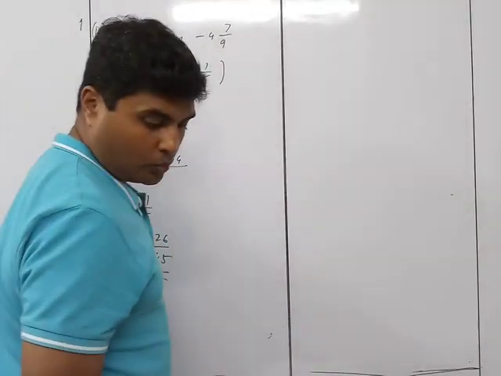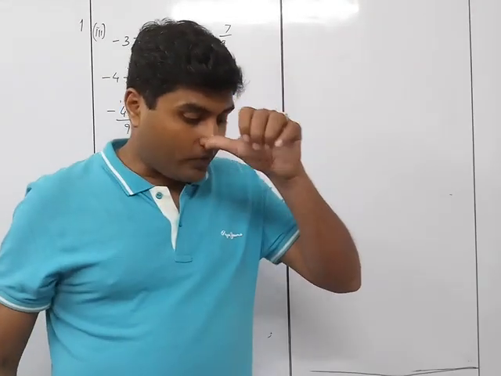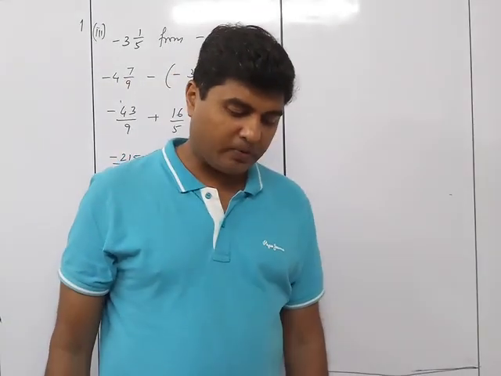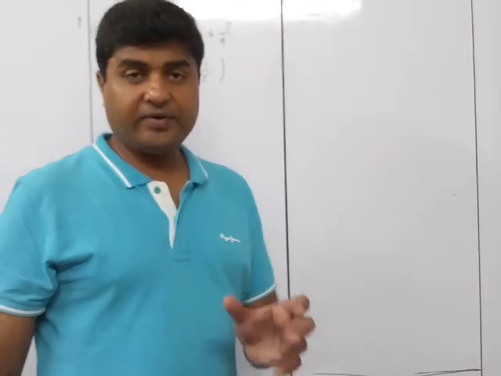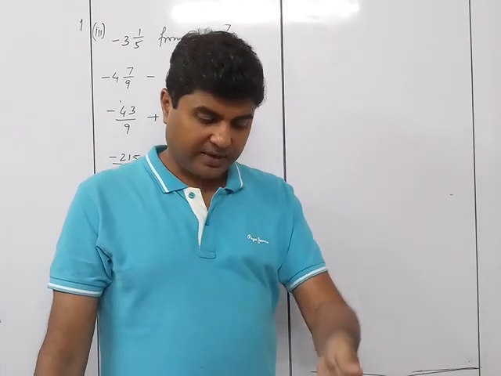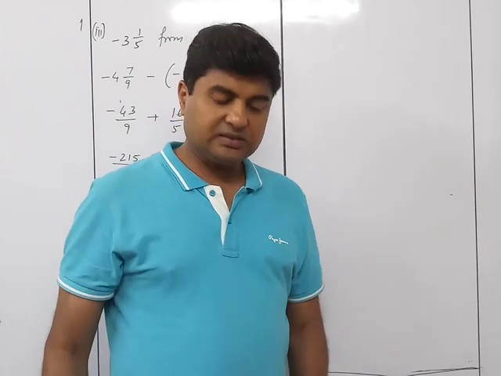Now let's see question number 2. Sum of two rational numbers is 3 upon 5. If one of them is minus 2 upon 7, find the other. They have given that of two numbers, one is x and the other number given is minus 2 upon 7, and the sum is 3 upon 5.